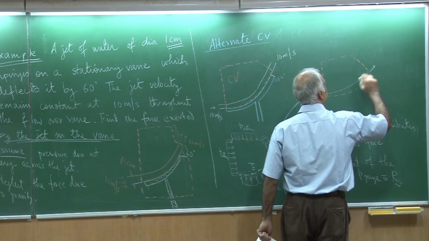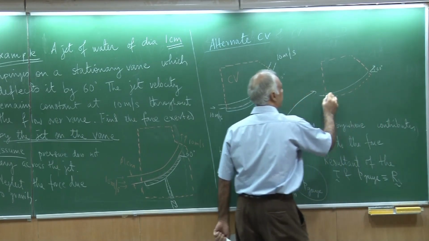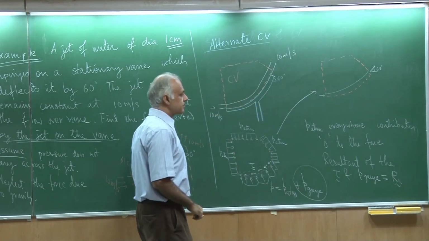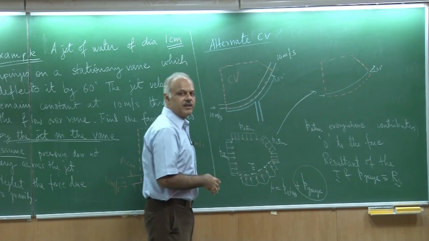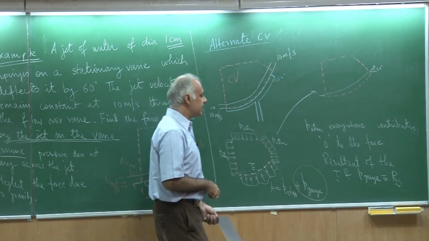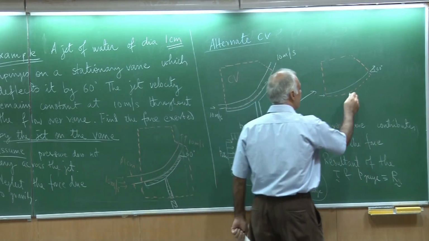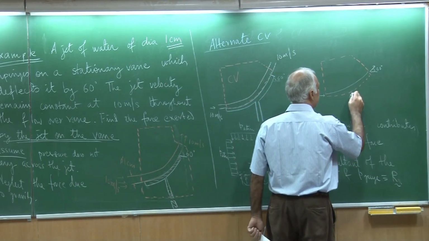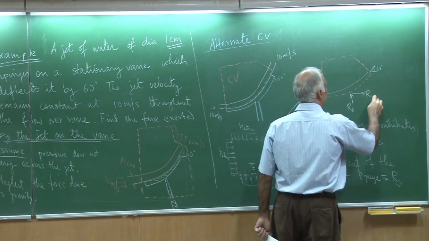So, this is at 60-degree angle and the flow is coming in horizontally. So, now the claim is that the atmospheric pressure everywhere does not contribute to the resultant, and all the resultant because of tau and P gauge, I could now club it as Rx and Ry.